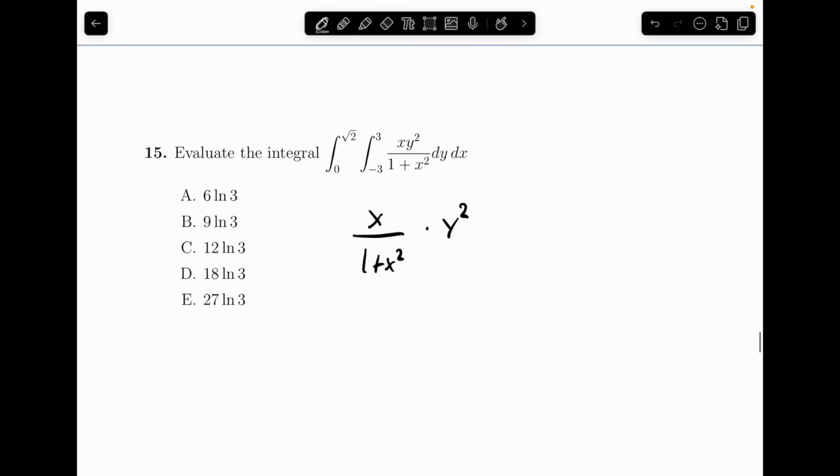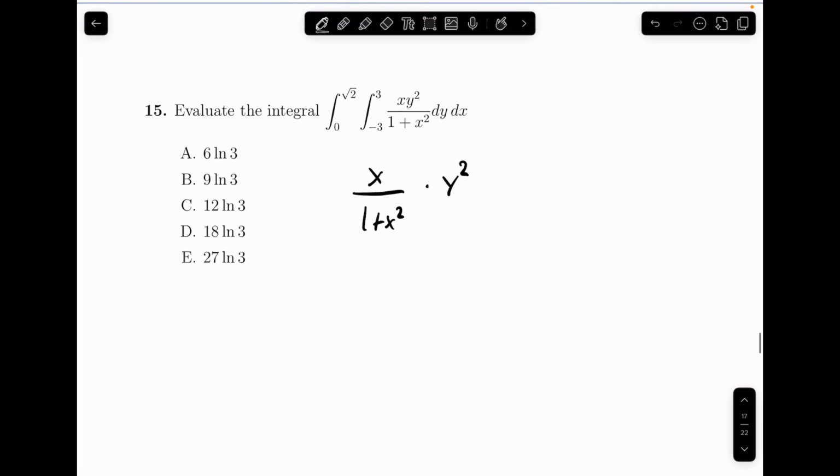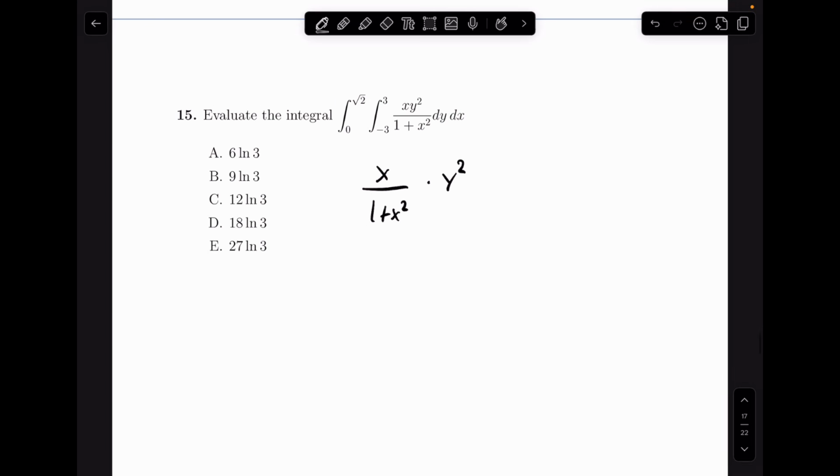What this means is you can separate the integral into a product of two integrals, because the y integral when we first do the inner integral is not going to be depended on by the x integral when we do the outer integral. So I think that just makes things a lot easier.